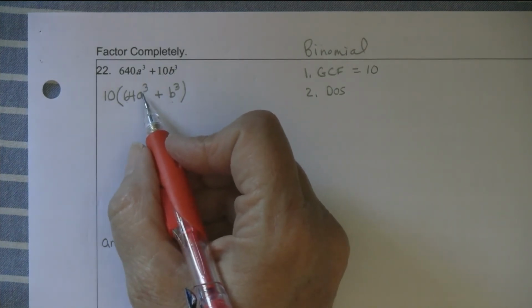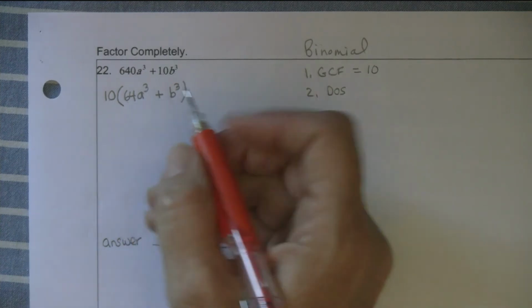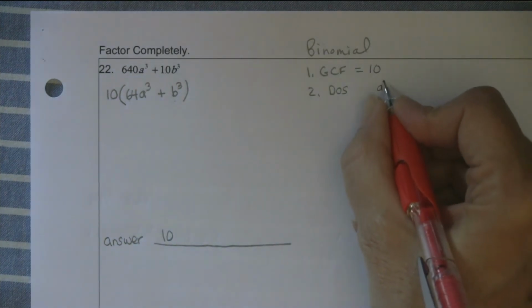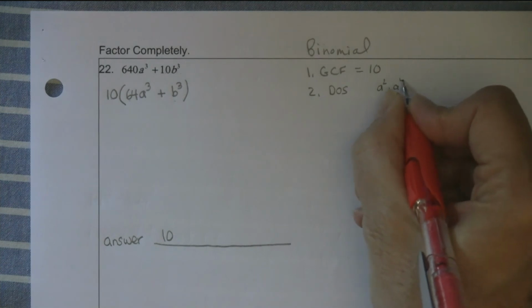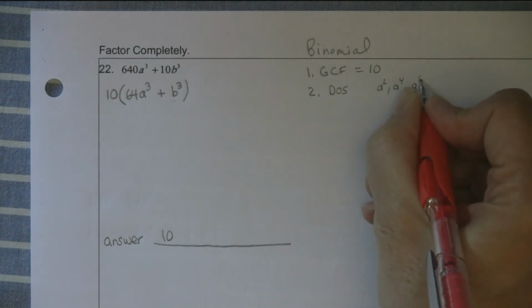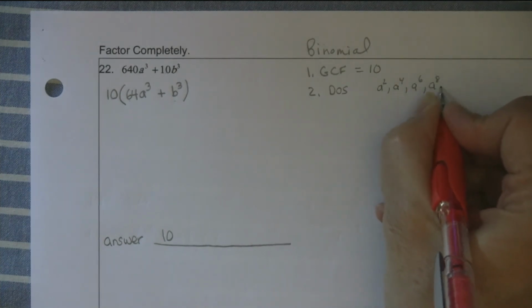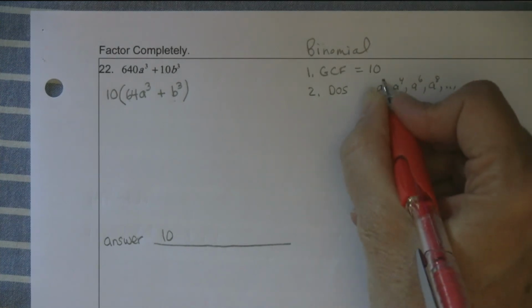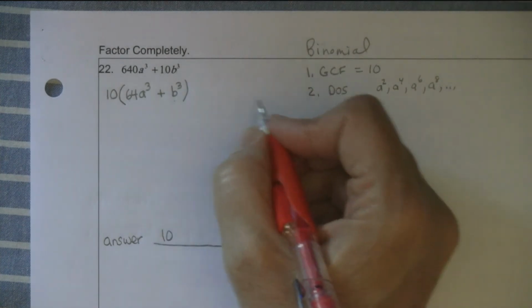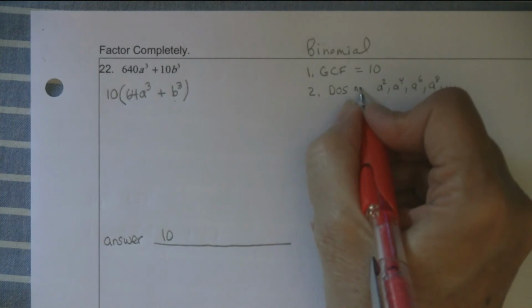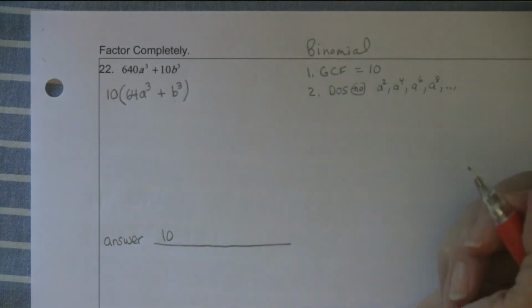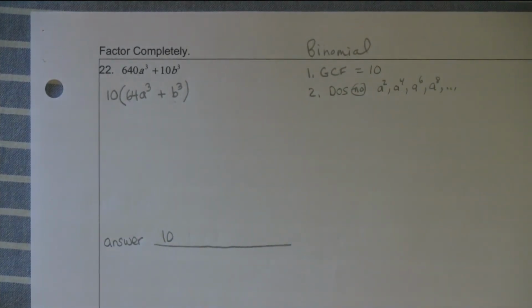It has to be a multiple of 2. So to be a difference of squares, it would have been a to the second, or a to the fourth, or a to the sixth, or a to the eighth, etc. Right? That would be the possibilities. And so since it's a to the third, it's no to the difference of squares. The answer is no, it's not a difference of squares.